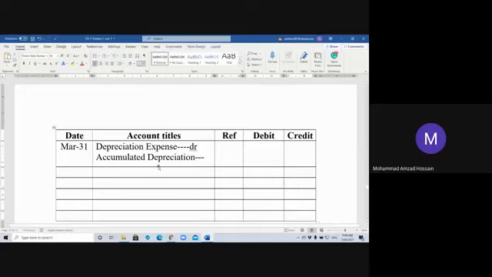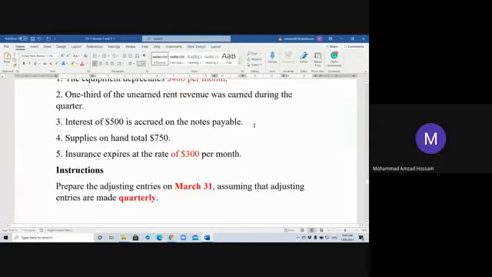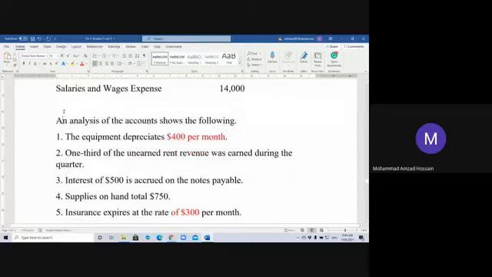What will be the amount, student? Hello? So 400 per month. You just take a snapshot of the question. It will be helpful.